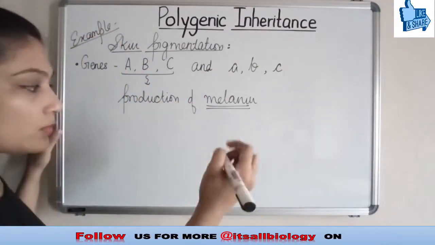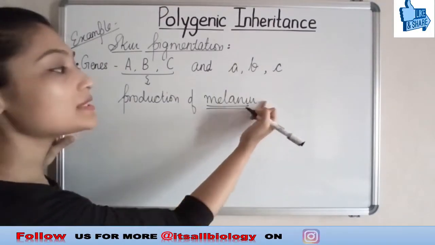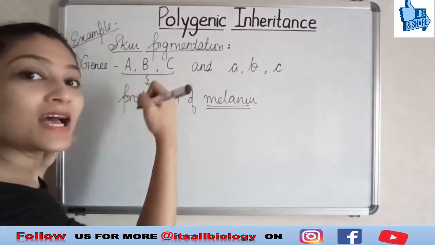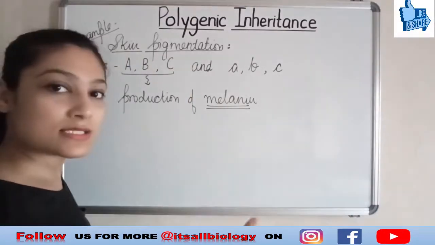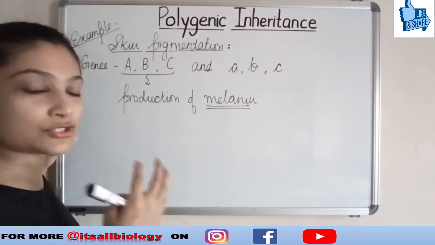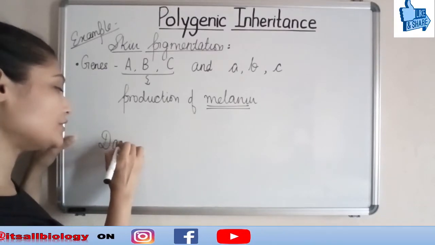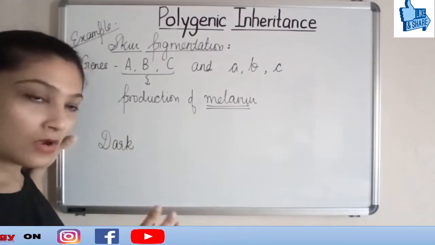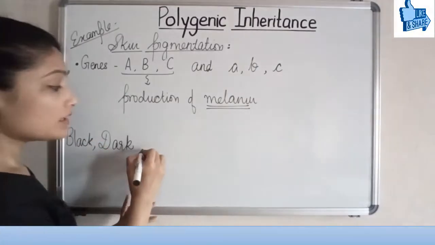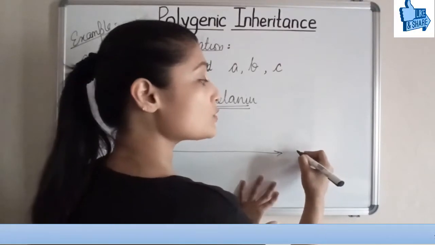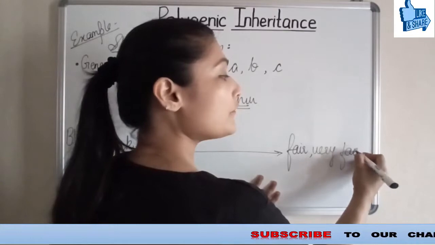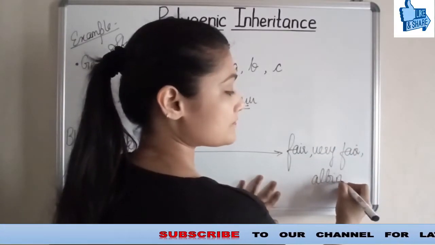Now, one more thing that I want you to know here is that this melanin, or the number of dominant genes, is going to define the skin color. Let me put it this way: in our population you must have seen that there are individuals that are dark, or say black, and there are individuals who are very fair, or we can say albinos.